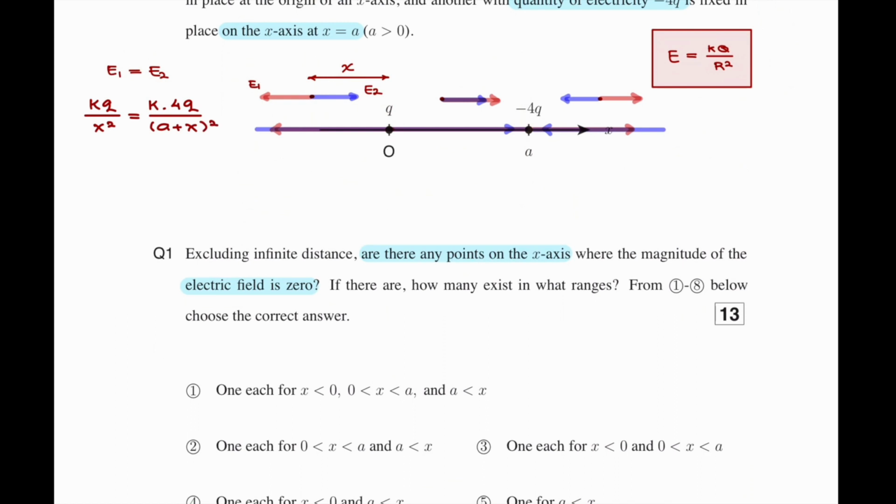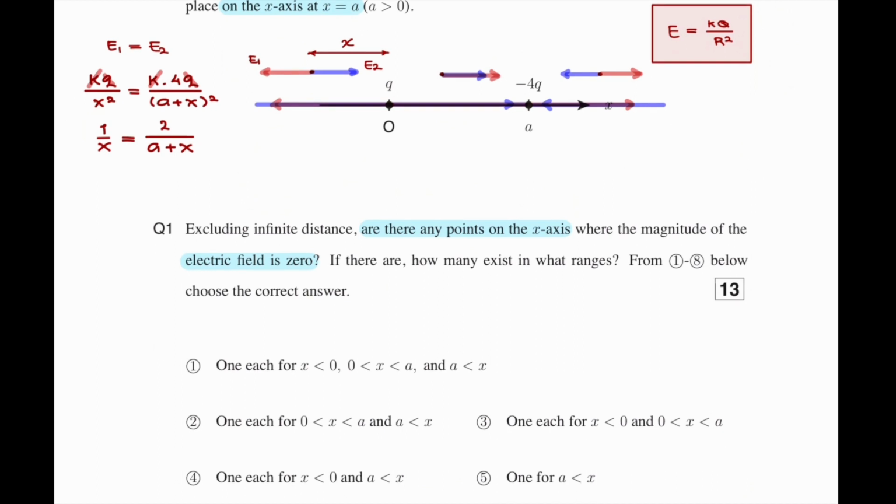Then I can cancel out k, divide by k on both sides, cancel out Q here, and take a square root on both sides. Square root of 1 over x squared is 1 over x, and square root of 4 over (a plus x) squared is 2 over (a plus x). If you cross multiply, you get a plus x equals 2x. Then x equals a.